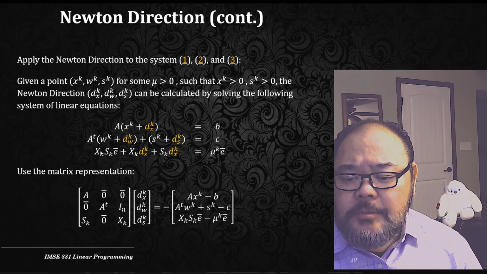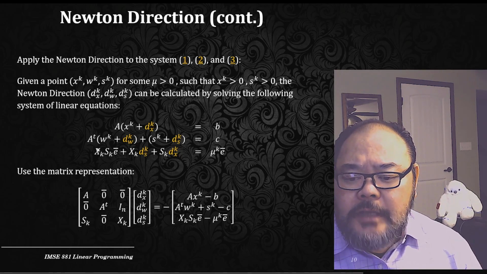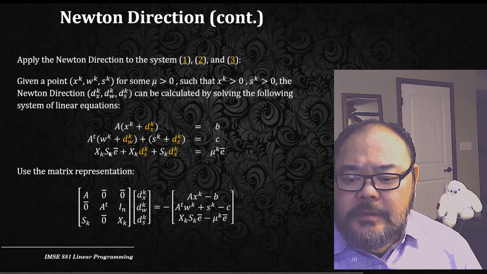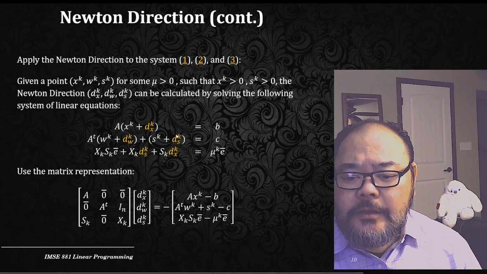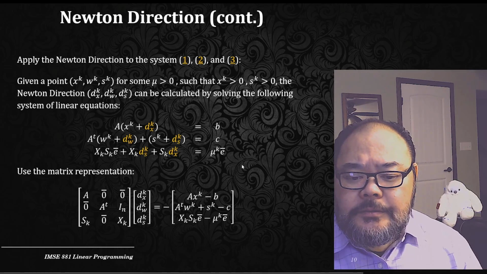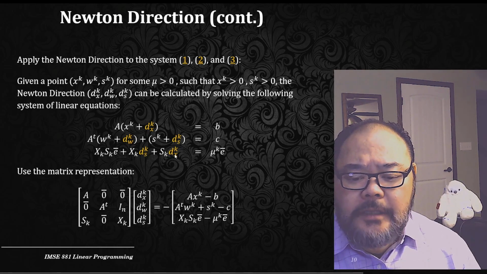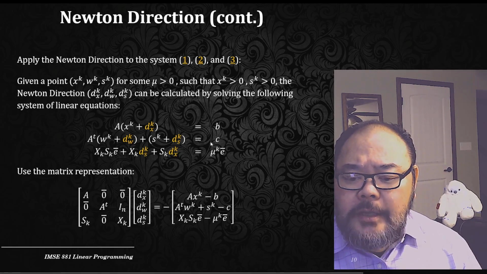Okay, capital Xk represents the n by n matrix whose diagonal is the current xk. Sk represents an n by n matrix whose diagonal is sk. Here we have these terms dxk, d omega k, dsk. Some of those we can move to the right hand side of the equation.